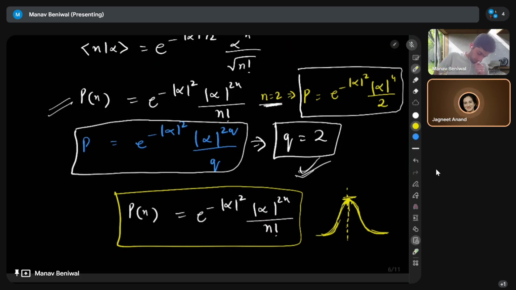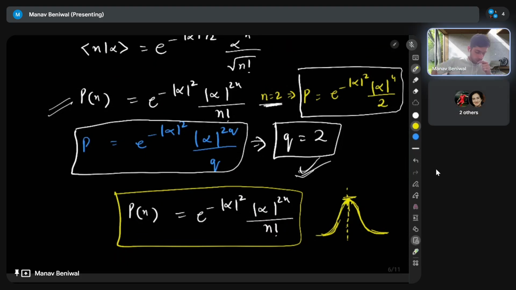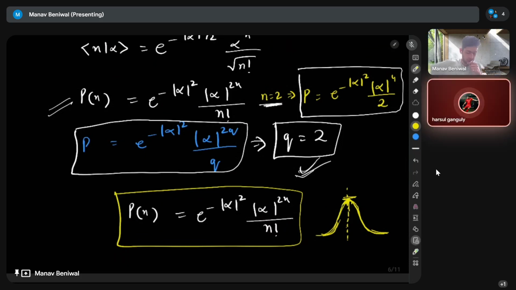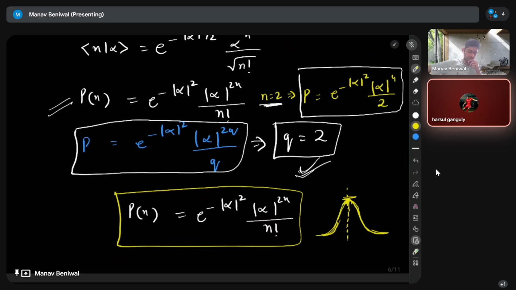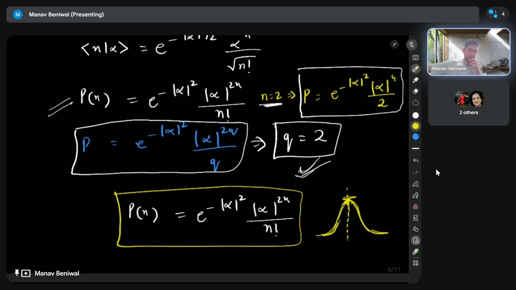So for the mean value, I think here it is coming out to be... I think the mean value is lambda for the Poisson distribution, so that would be mod alpha squared. Yes, that will be mod alpha squared. Correct.